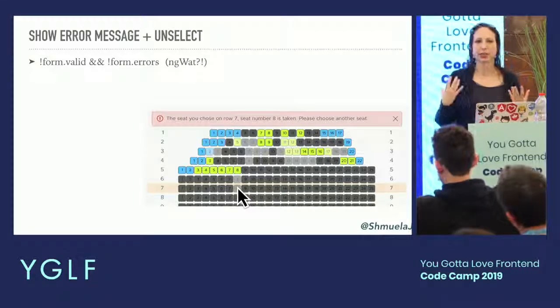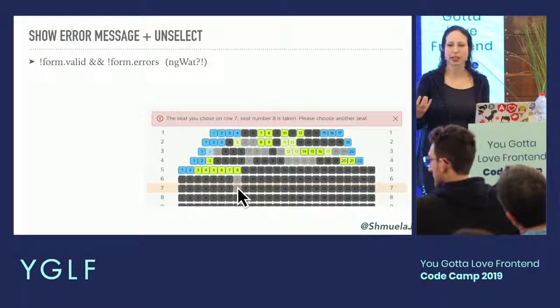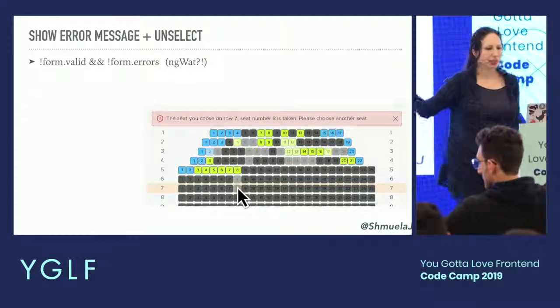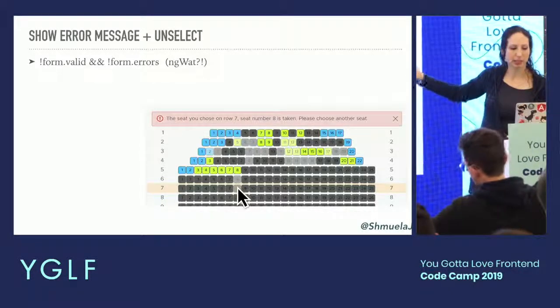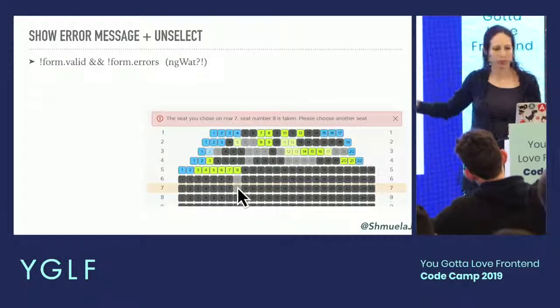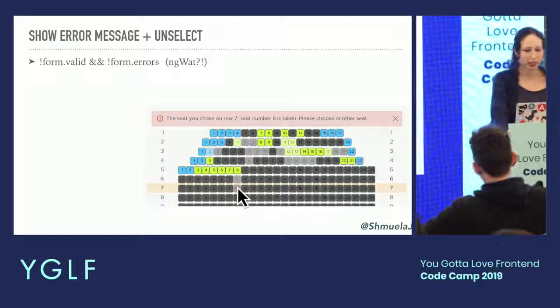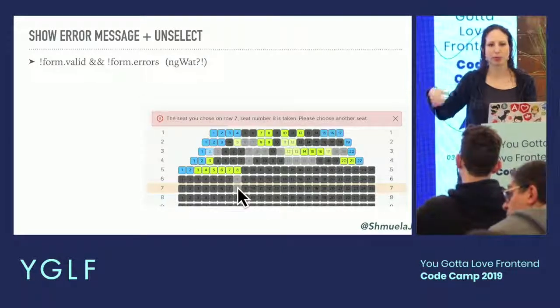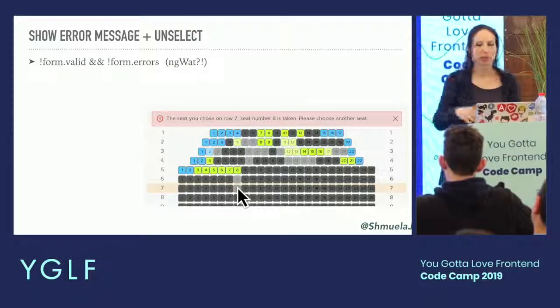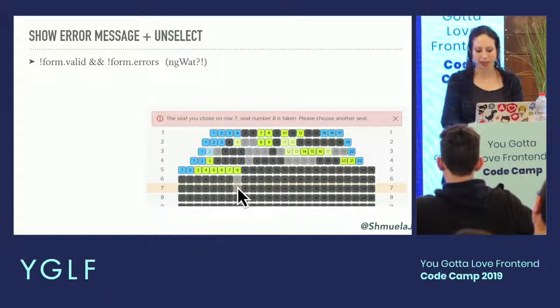So the thing is, when you get an error on a specific form control, the error is only there. The error will not be on the form itself. It will be only on the form control. Okay? So you can have the form which is invalid or not valid, but you can also have no errors on the form.